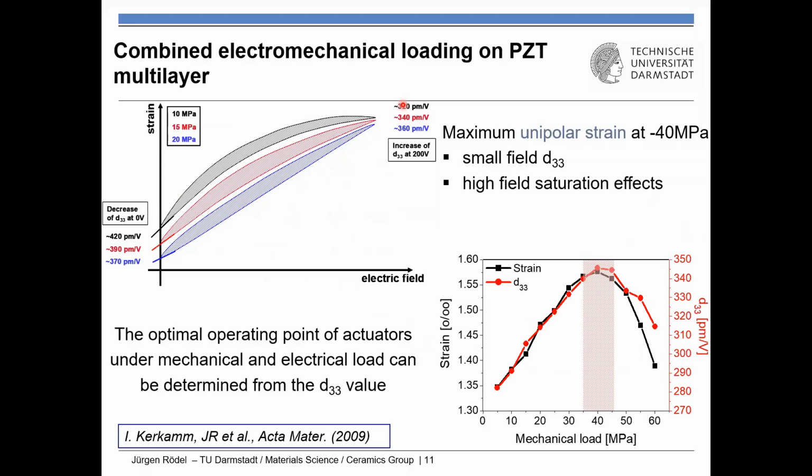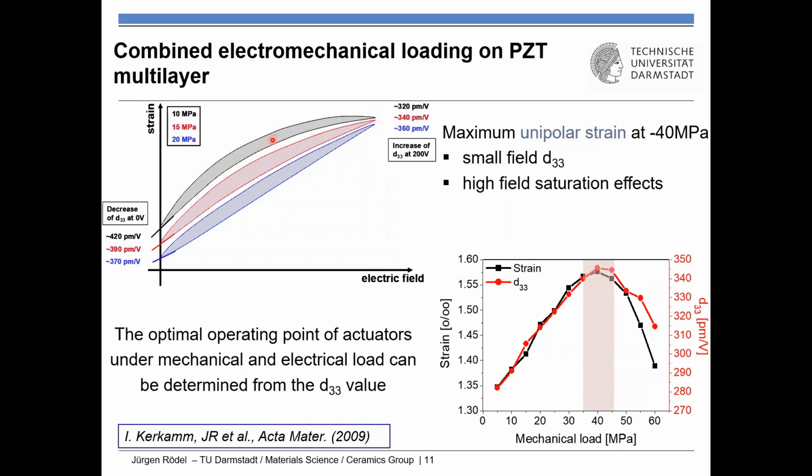for PZT multilayers. There is, of course, an interaction of mechanical field and electrical field, such that I want to show you here the unipolar curve, electric field versus strain.